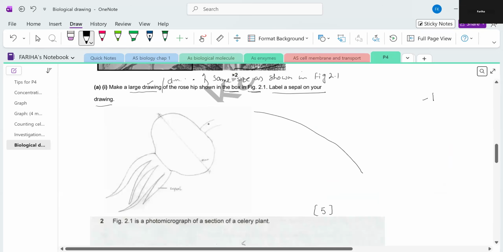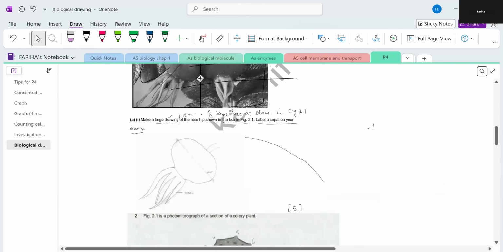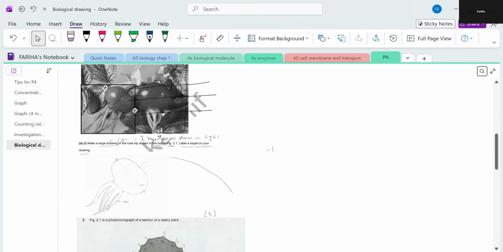At first, orientation of the diagram should be the same. Number two, the diagram should be well proportionate, that is the size of this stalk, the size of the fruit and this leafy structure, as shown in figure 2.1.